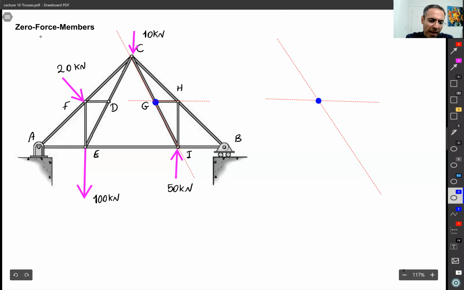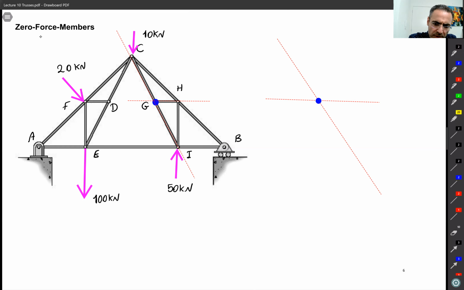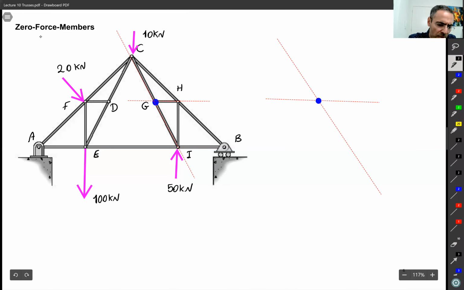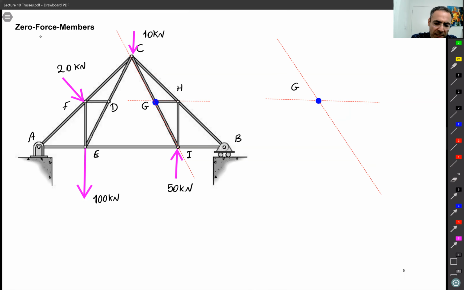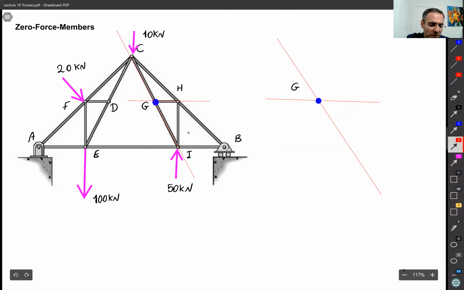Okay. And in a moment, you'll realize what I'm planning to do. So this is G, like point G. I just draw it outside so the image doesn't get messy, because it can get messy soon. So if I draw the free body diagram only for this point, for this joint G, right?